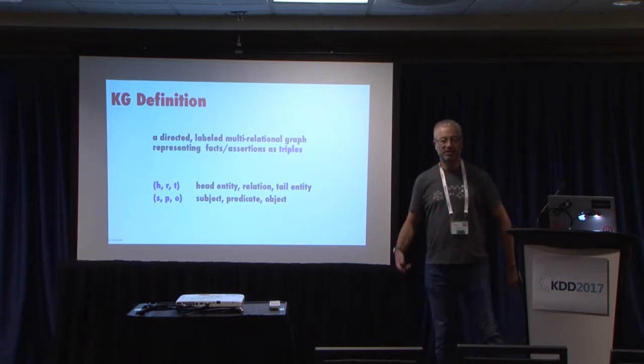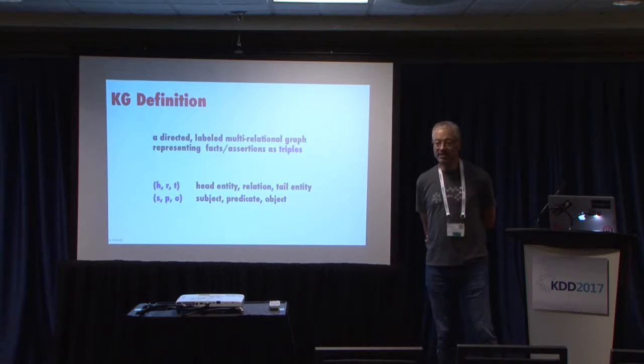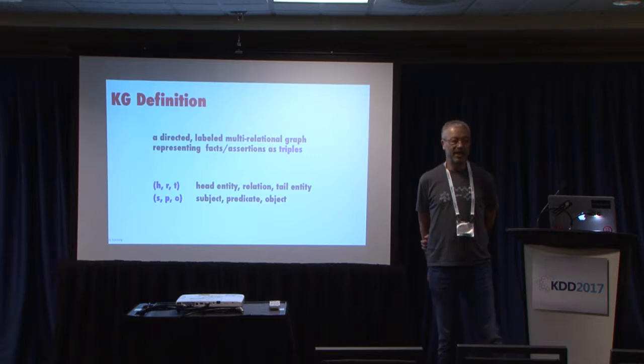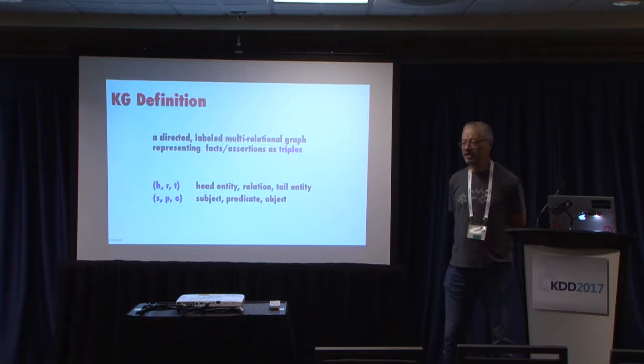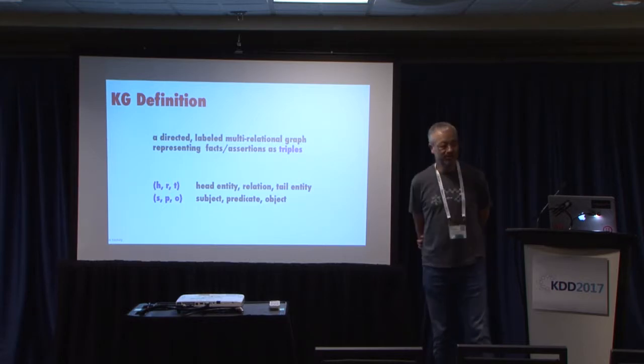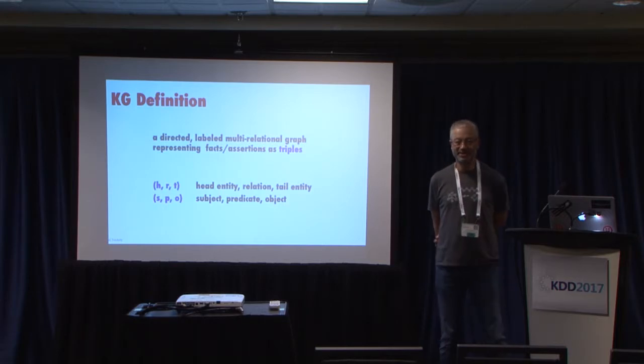So a simple definition of a knowledge graph is that it's a directed graph where you can have multiple edges between nodes, and the edges are labeled. They're called facts or assertions, if you don't want to call them facts, because you don't know whether they are true or not.